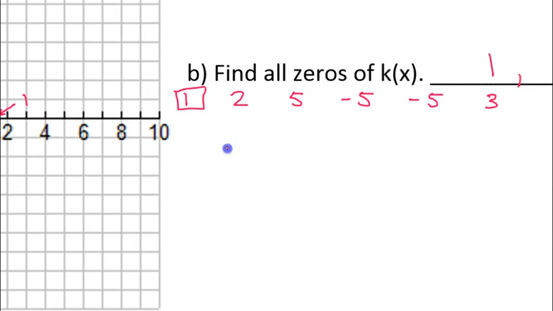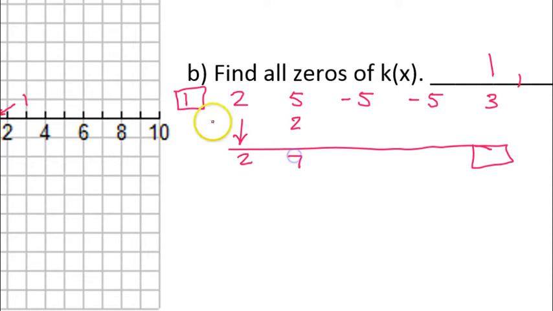That's all I need. I'm just going to start with my zero of 1 and do my synthetic division. If I bring this 2 down, 2 times 1 is 2. Together that makes 7. 7 times 1 is 7. Add those up, I get 2. 2 times 1 is 2. Add those up, I get negative 3. Negative 3 times 1 is negative 3. Add those up, I get 0.